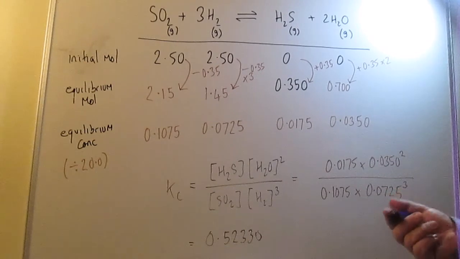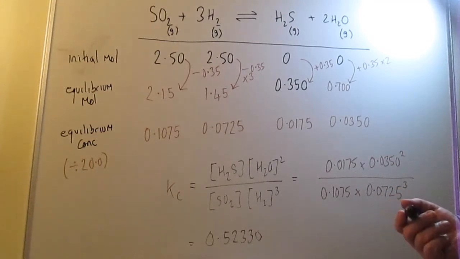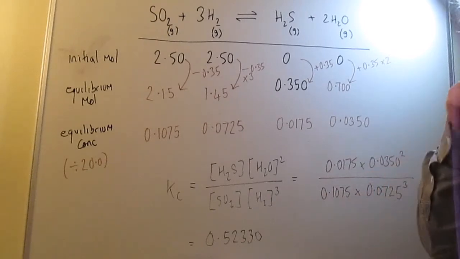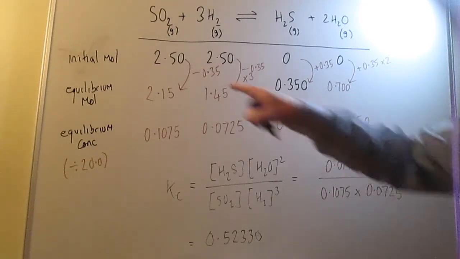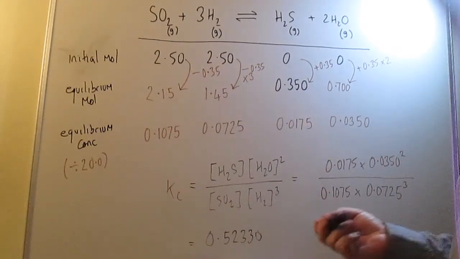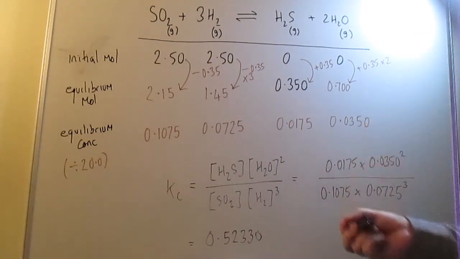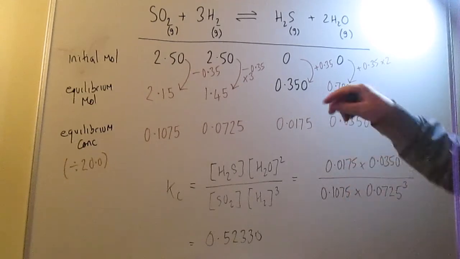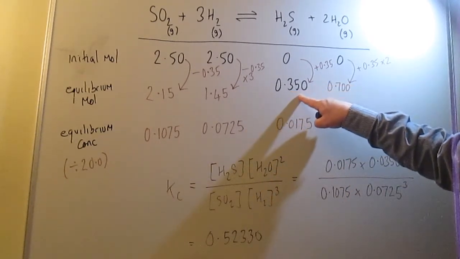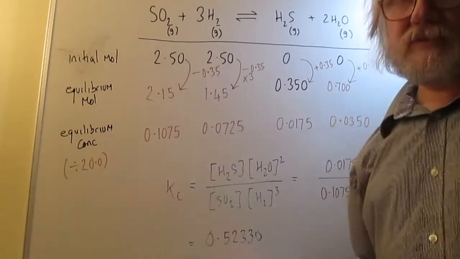So what you have to do is to look at the data you've fed in so that you can decide what an appropriate number is. So these two numbers, although I've just written 2.50, were actually given as 2.500, so they were given to 4 significant figures. But this one, 0.350, was only given to 3, and the volume also was only given to 3.